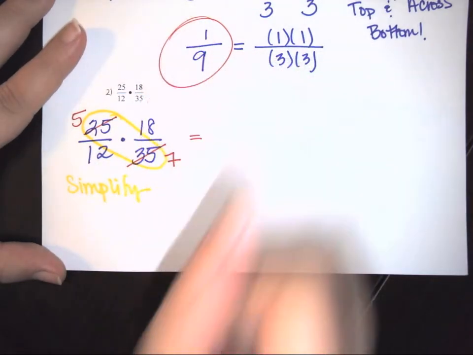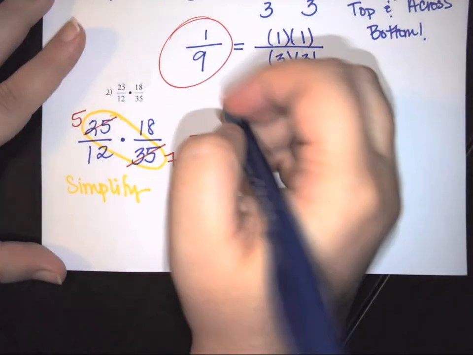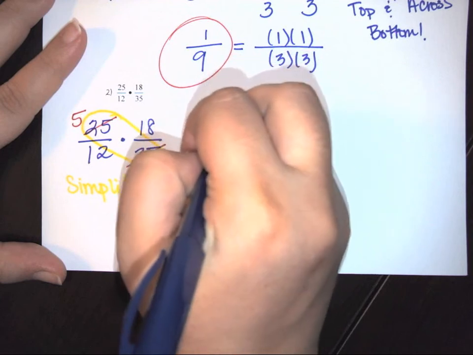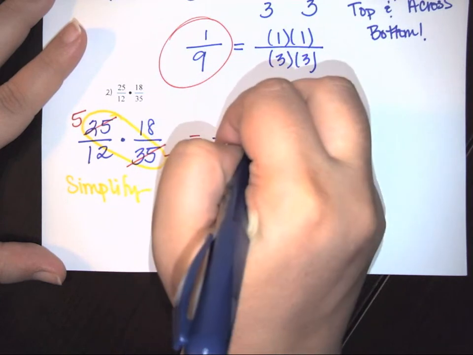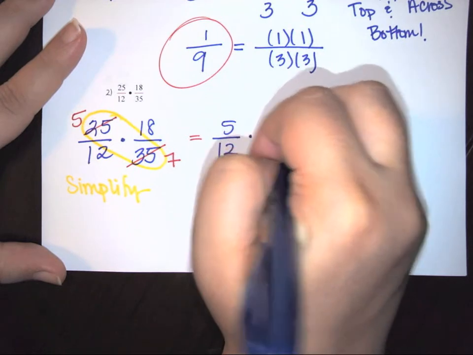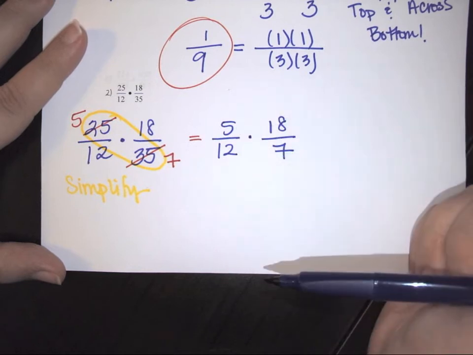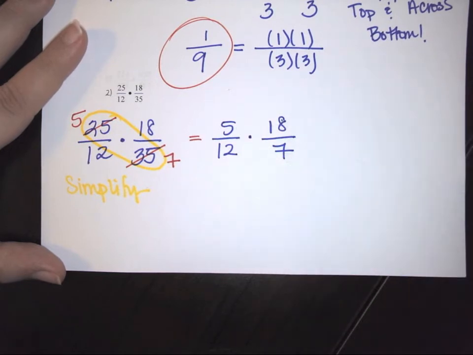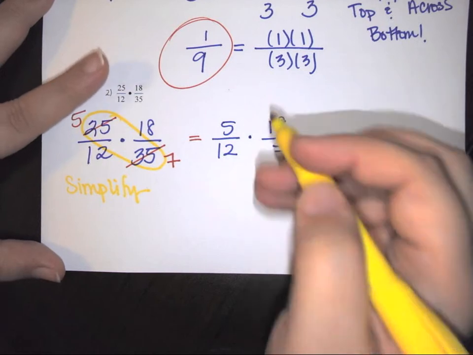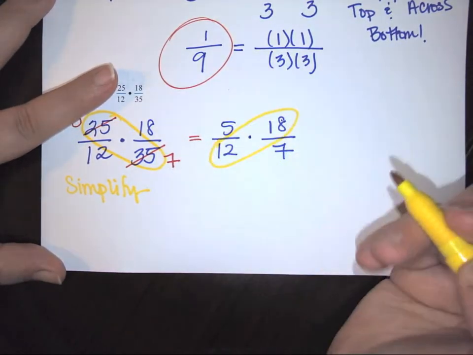So this means my new fraction is going to be 5 over 12 times 18 over 7. Well, 5 over 7 is reduced as far as it can go. 5 over 12 won't do anything. 18 over 7 won't do anything. But 18 over 12 will do something.